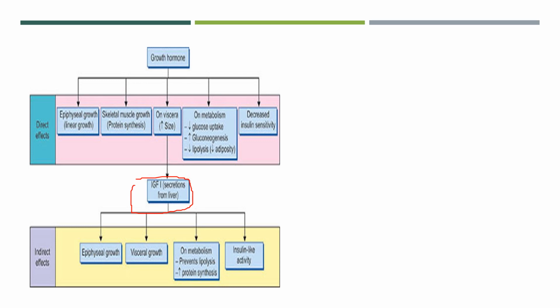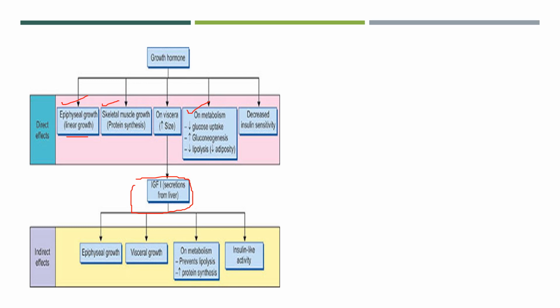Some direct functions: epiphyseal growth of the bone that helps in linear growth of the bone, protein synthesis in skeletal muscle, and in metabolism, reduced glucose uptake, lipolysis, and decreased insulin sensitivity. These are some direct actions. Indirectly it will also stimulate epiphyseal growth, visceral growth, insulin-like activity and some metabolic functions.